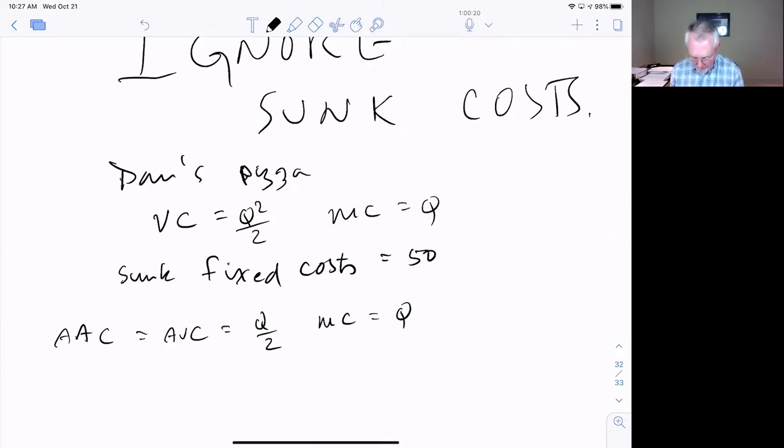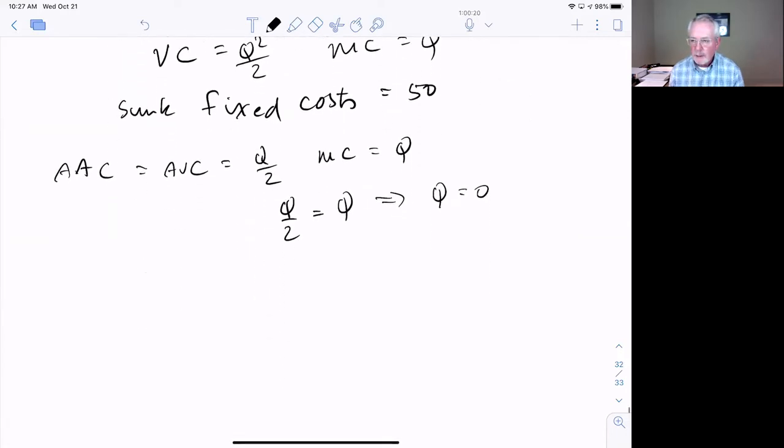And so I would have Q over 2, average avoidable cost equal to marginal cost. Q tells us that can only happen at Q equals 0. So we're right back where we were before.